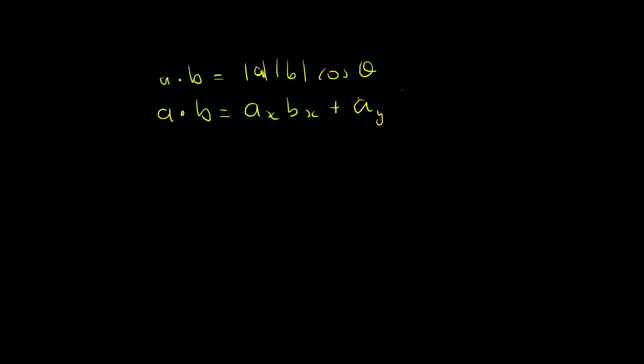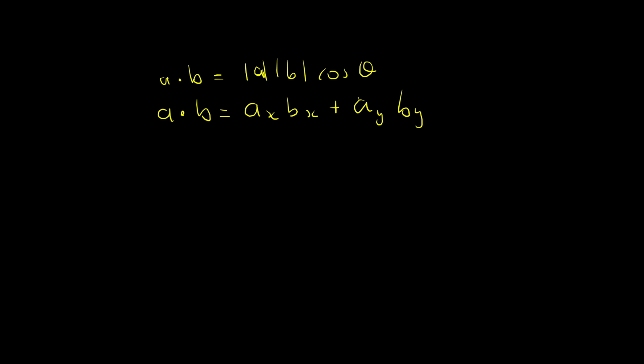There's another application that we also use, and we're going to use the formula for the dot product, the definition: magnitude of A, magnitude of B, and cosine of the angle between the two vectors. But we also know that we can get this by multiplying the x values and multiplying the y values of these vectors.